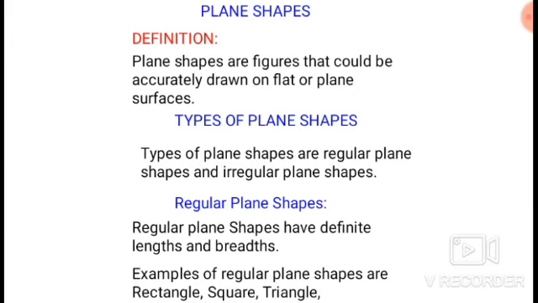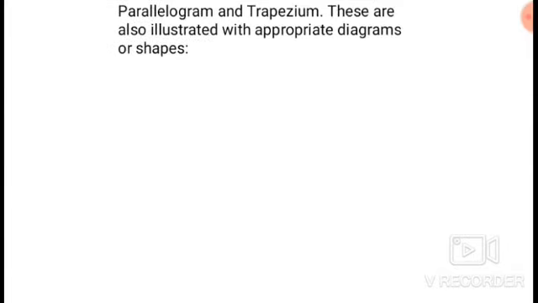One, regular plane shapes. Regular plane shapes have definite length and breadth. Examples of regular plane shapes are rectangle, square, triangle, parallelogram, and trapezium. These are also illustrated with appropriate diagrams.